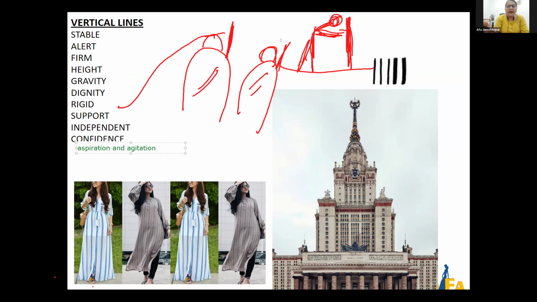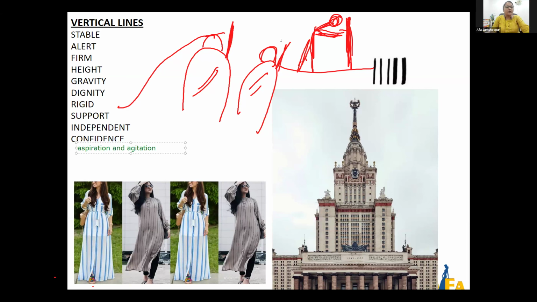Okay. And because the vertical line is saying that I am giving you support, of course it is independent, it is confident. And as I told you, as it shows height, it can give you too much excitement. So it can be aspiring, and it can be restlessness also. It can agitate you, it can irritate you also. Right?